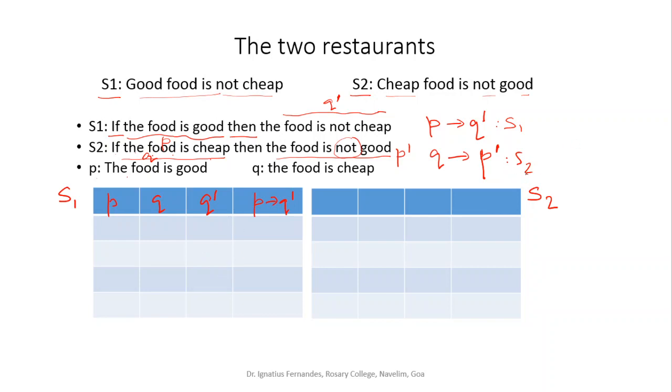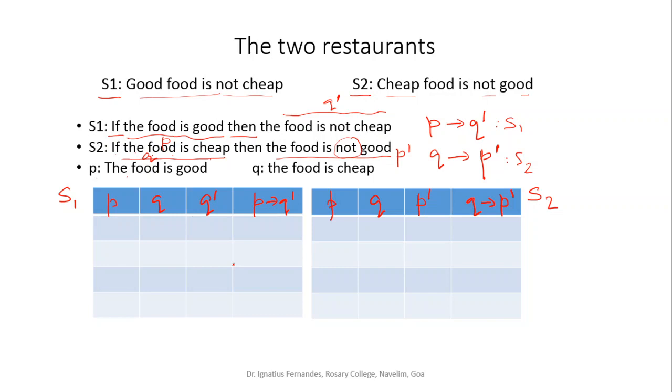The same way in S2, I have P, I have Q, there is P bar here, and then I need Q implies P bar.